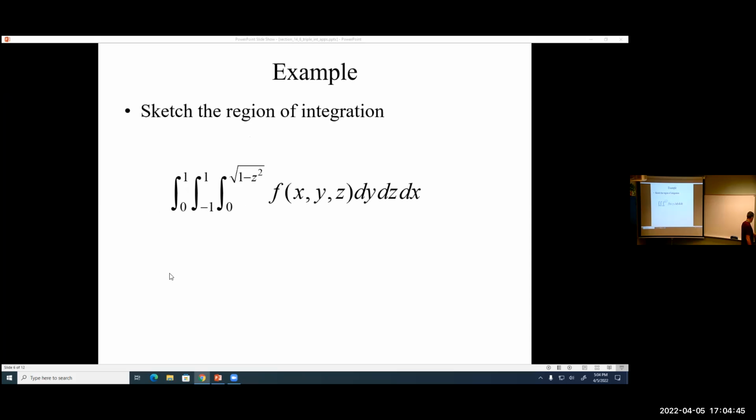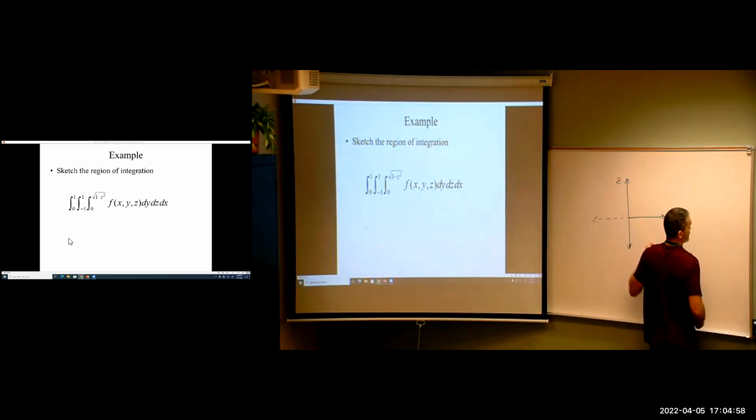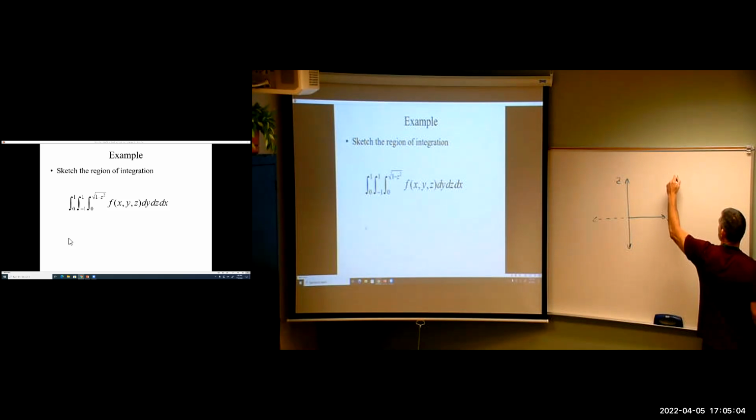What that tells me is that in my YZ plane, there's our Y, there's our Z. I know this is y equals, because of dy, so the first thing we have to plot is y equals the square root of 1 minus z squared.